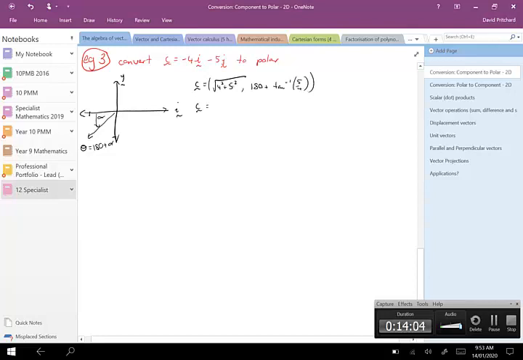So 16 plus 25, so square root of 41, and then 180 degrees plus 51.34 degrees. So you'll have to use your calculator for that one. And that means my vector C in polar form is square root of 41 and 231.34 degrees.